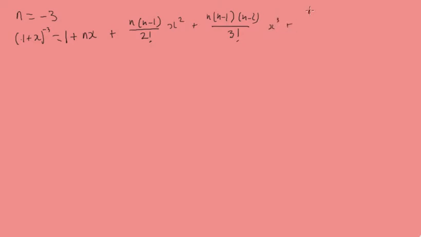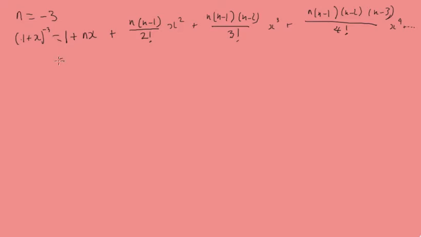Then we're going to have n(n minus 1)(n minus 2)(n minus 3) over 4 factorial x to the power 4 plus, and so on and so forth.